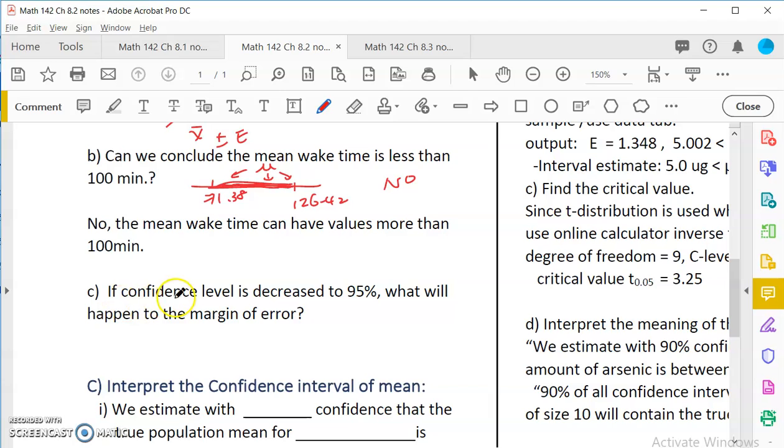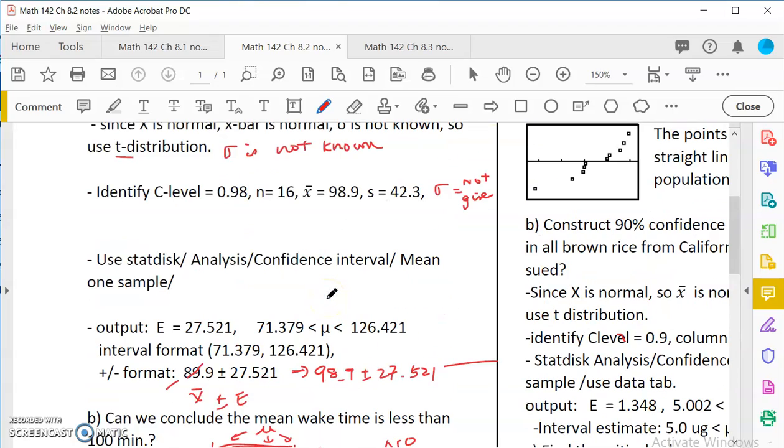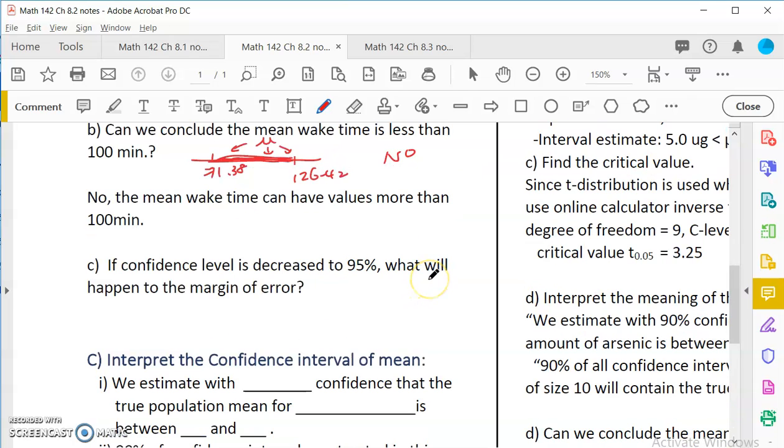The last thing is, if the confidence level is decreased to 95%, what will happen to the margin of error? Earlier we did 98%. If it's 95%, let's look at how X bar is distributed. This will be smaller, so 98% will be wider.